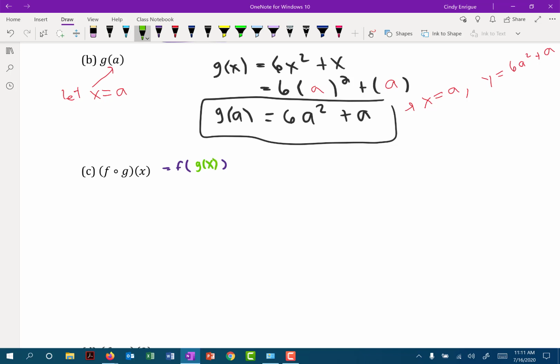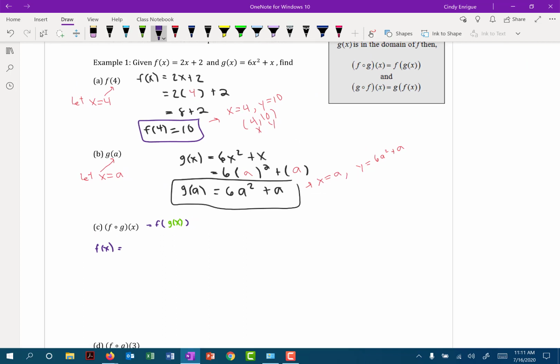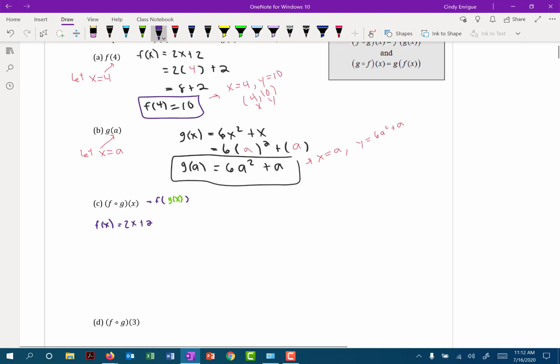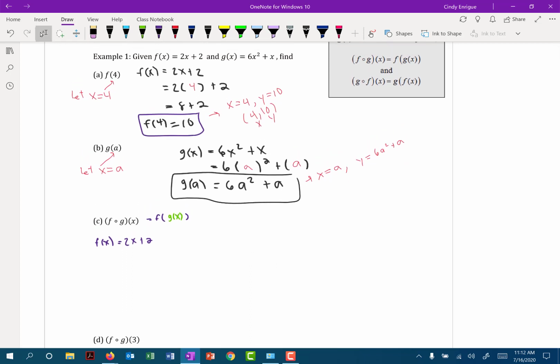I know that my function f of x was 2x plus 2. So now I'm going to plug in something: 2, parentheses, plus 2. Remember, this is saying let x equal the entire function g of x.